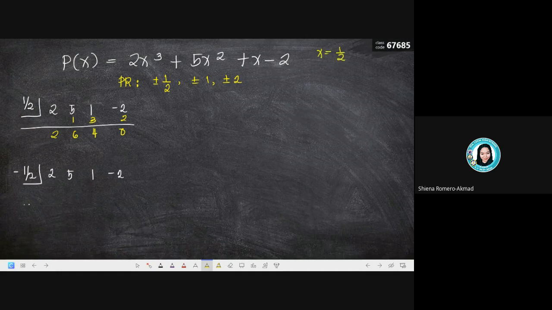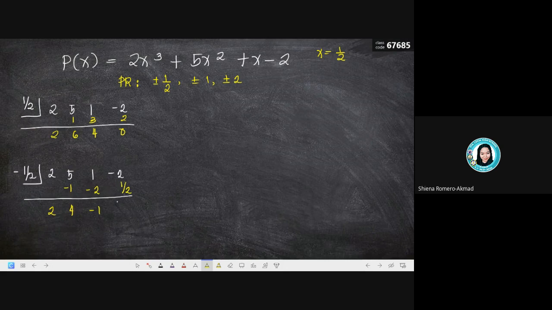Next, how about negative 1 half? So, this is 2. Mali yung ano ko, dapat white to. So, we have 2 times negative 1 half is negative 1. So, this is 4. Times negative 1 half is negative 2. So, this is negative 1. Tama ba? Wait lang, check ko muna. Negative 2. Negative 1 times 1 half, positive 1 half.